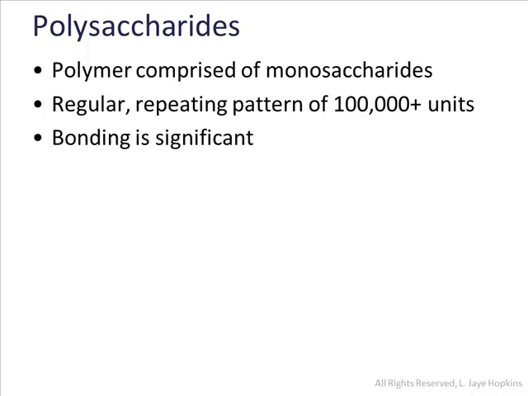The bonding in these polysaccharides is just as important as what the individual monosaccharide units are, just like what we saw with disaccharides. And because this is such an important concept, we're going to focus on it specifically as it applies to glucose polysaccharides.